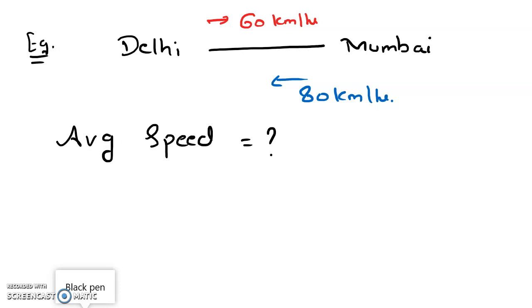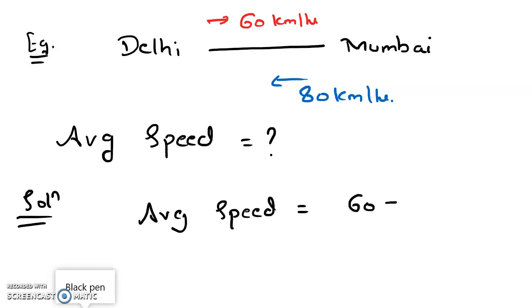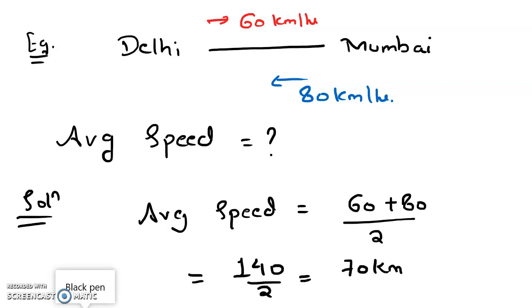A smart student would think like this: there are two speeds, 60 and 80. The average speed would be the average of them, 60 plus 80, I know averages from my previous classes, childhood classes. 70 kmph. 70 lies between 60 and 80.